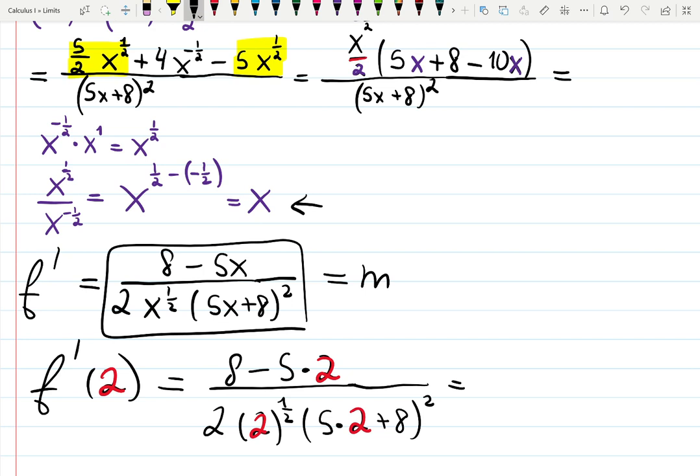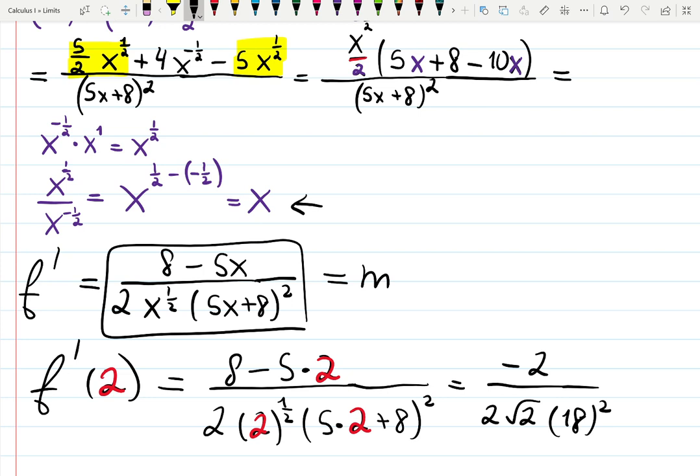Calculating everything gives me 8 minus 10, that's negative 2. I have a square root at the bottom, and then 10 plus 8, 18 squared, right?